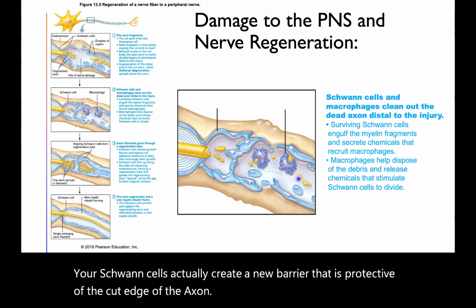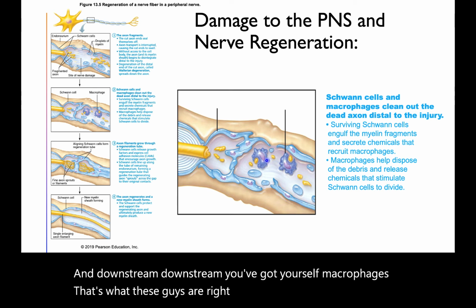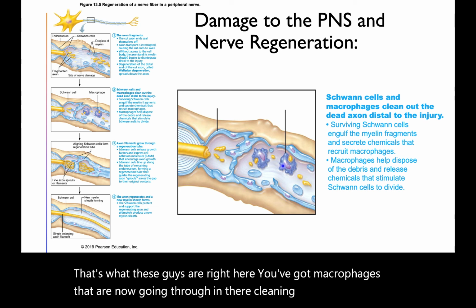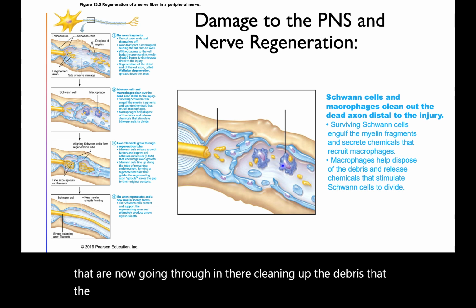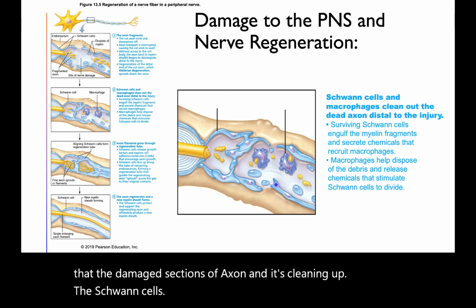And downstream, you've got yourself macrophages. That's what these guys are right here. You've got macrophages that are now going through, and they're cleaning up the debris, the damaged sections of axon, and it's cleaning up the Schwann cells.